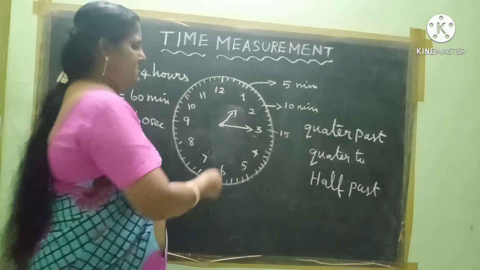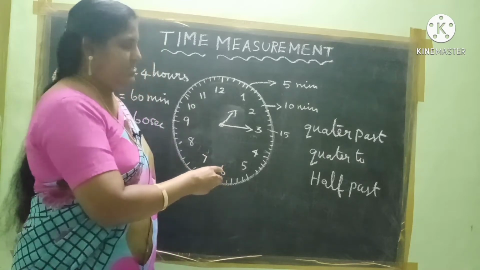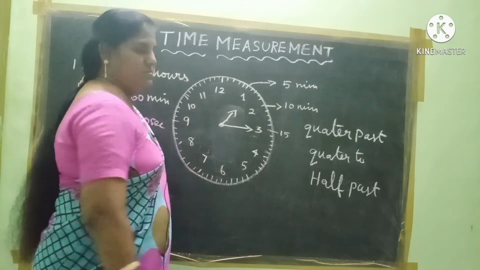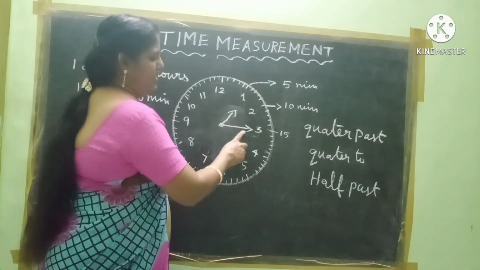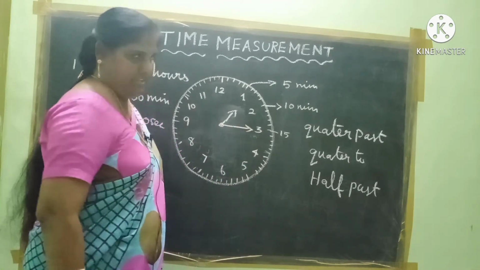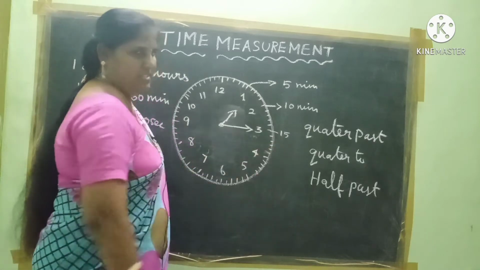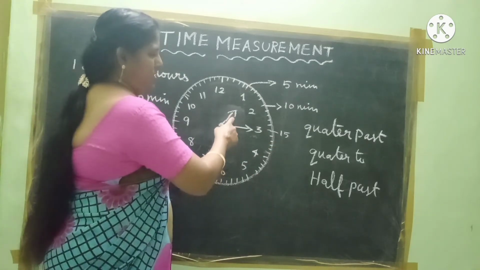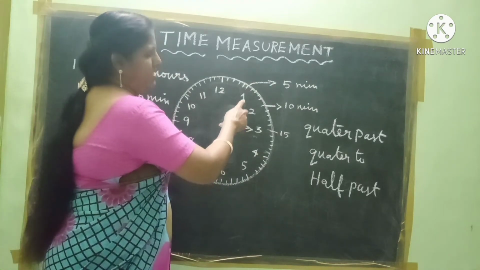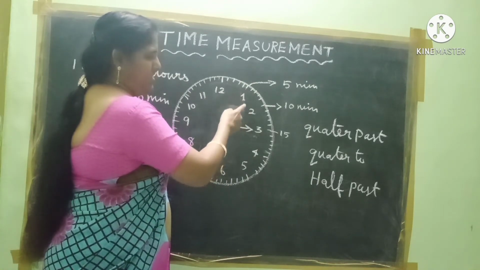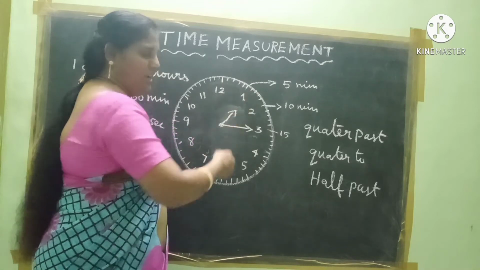Okay, children, let us see this in the figure. See this picture. Okay, children, let us see the clock. When the minute hand is pointing 3, that means 15 minutes, isn't it? And our small hand, the hour hand, is pointing 1 and a little after 1.